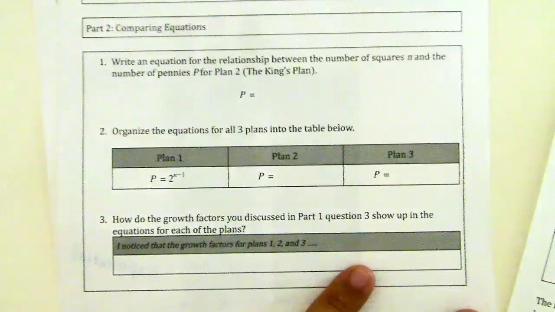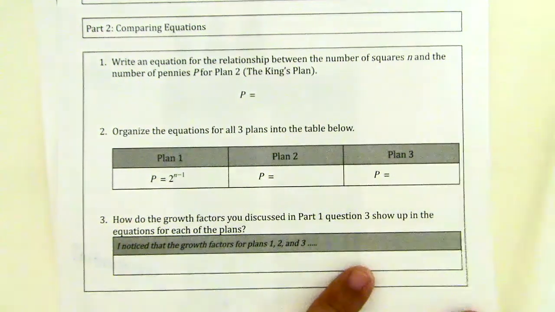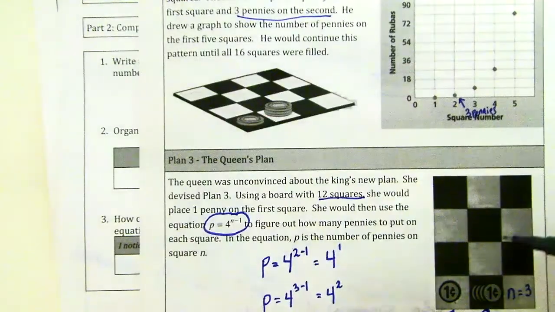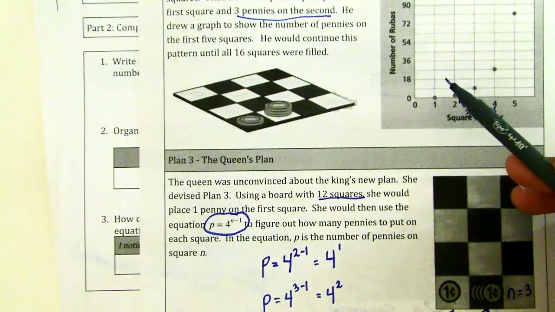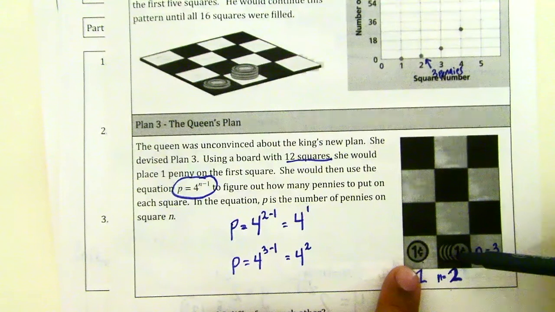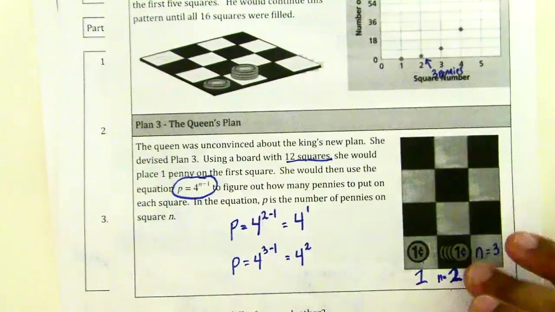Now, if you looked at your tables, you should have seen that they all had growth factors of the number that we were multiplying by, right? So this one over here had a growth factor of 3 because we keep multiplying by 3. This one over here has a growth factor of 4 if you work out the exponents because you keep multiplying by 4.